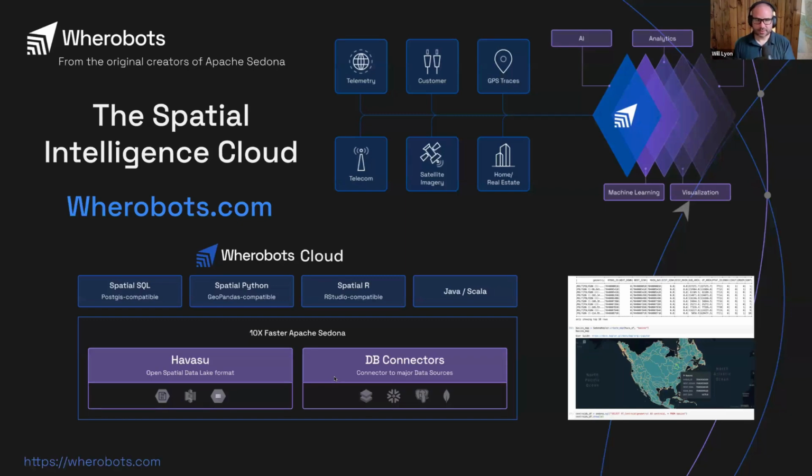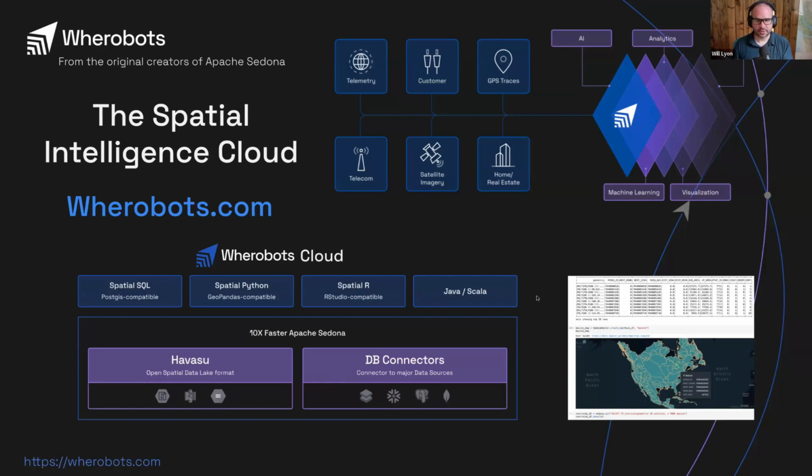So we're going to work through a Python and spatial SQL example in a notebook environment. And at Wherobots, we're building on top of Apache Sedona to build the Spatial Intelligence Cloud. So leveraging the powerful functionality of working with large-scale data in Apache Sedona, but bringing that to a cloud service that manages not just the infrastructure for you, but also builds features and functionality on top of Sedona.